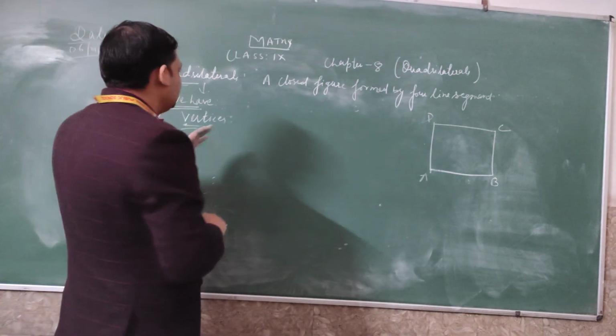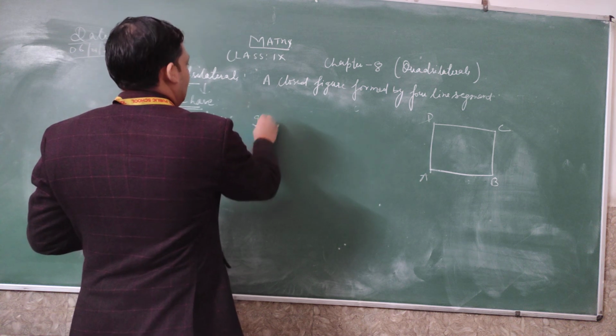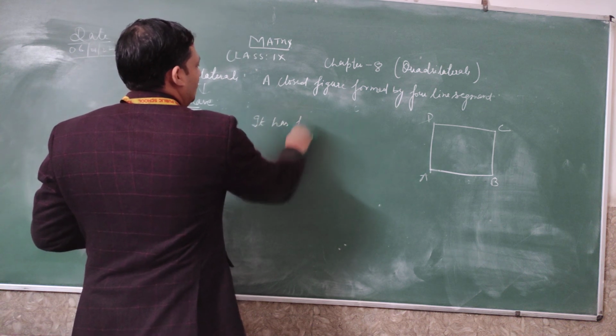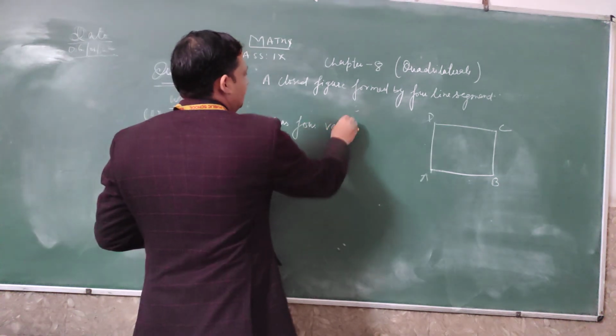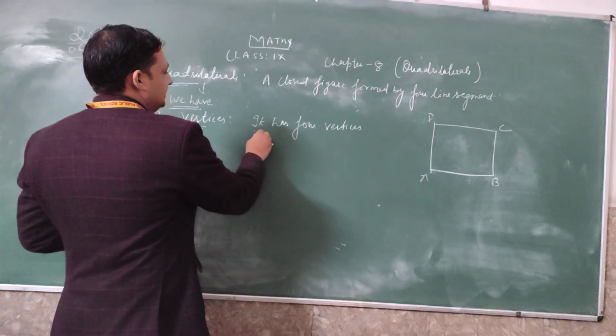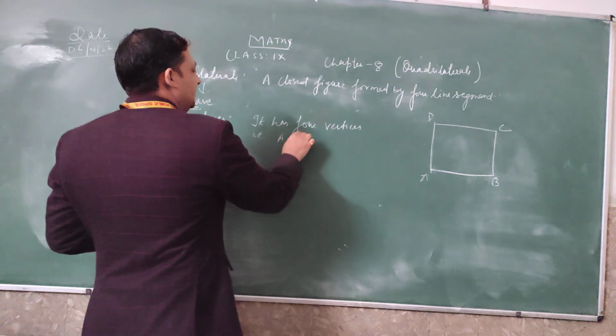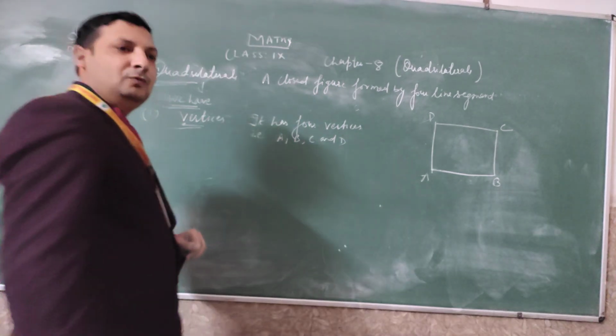So how many vertices does a quadrilateral have? A quadrilateral has 4 vertices, and the names are A, B, C and D.